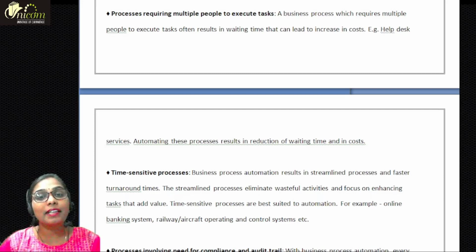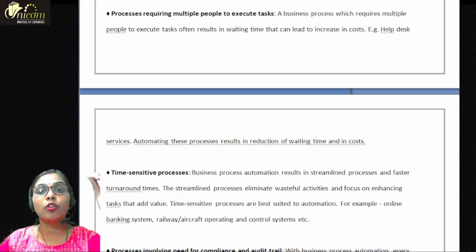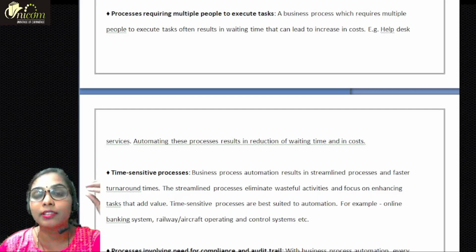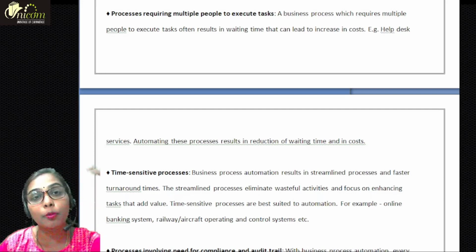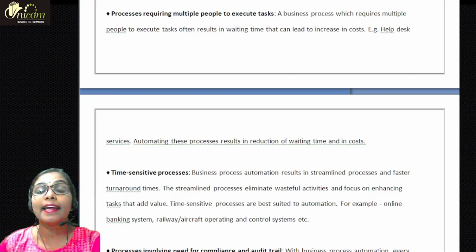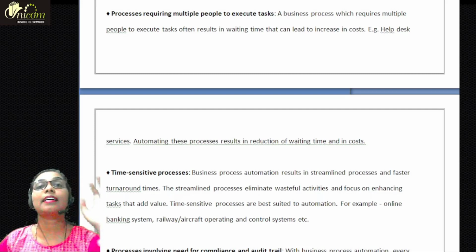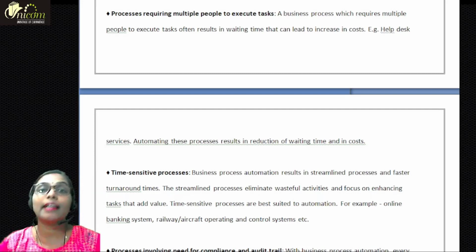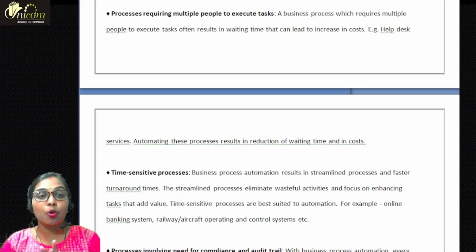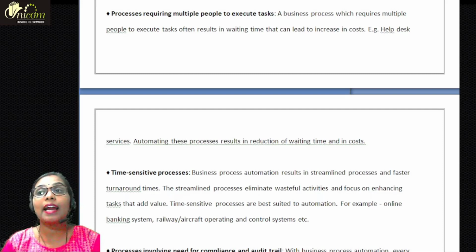Automating these processes results in a reduction of waiting time and cost. When automation is added, work gets done in better time, so there is a reduction in waiting time and in cost.